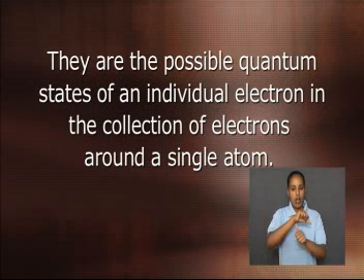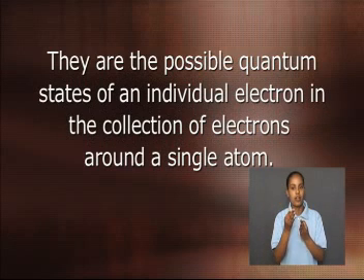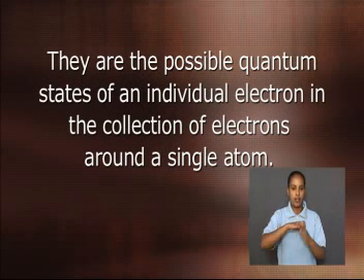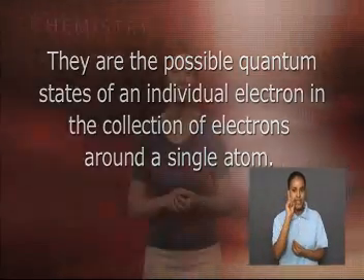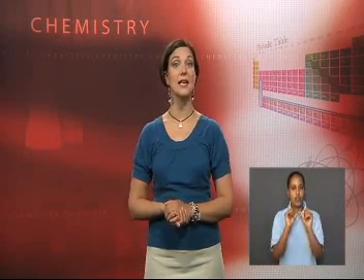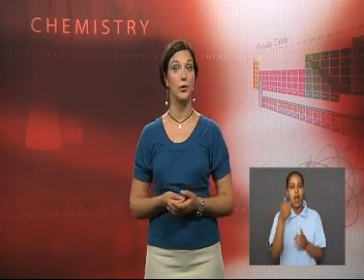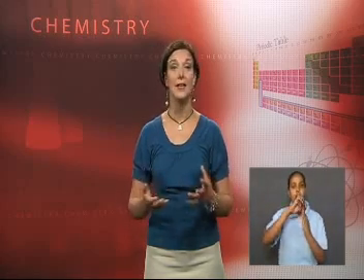Atomic orbitals are the possible quantum states of an individual electron in the collection of electrons around a single atom. Let us move on and discuss how the Aufbau principle relates to the ground state electronic configuration of the elements.